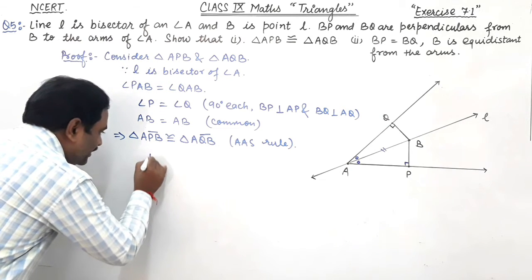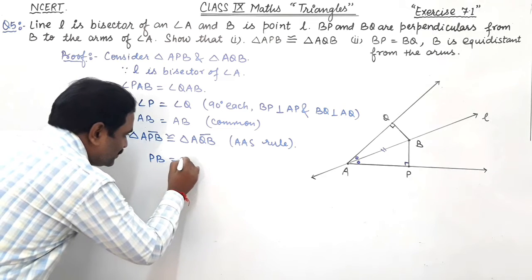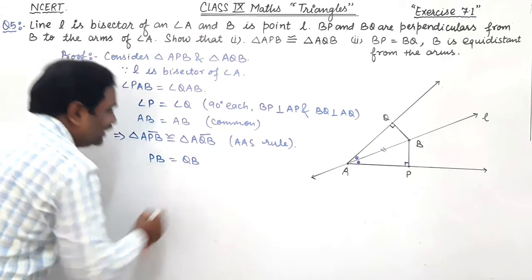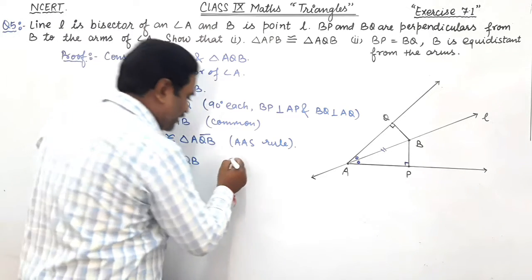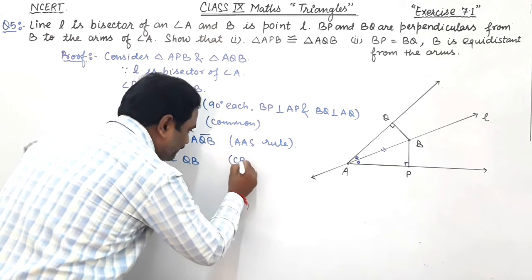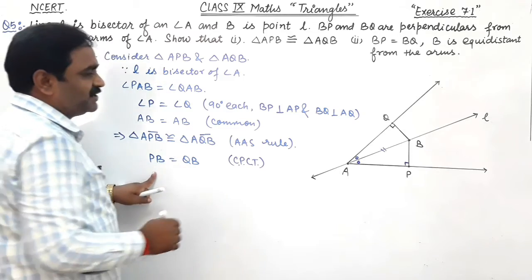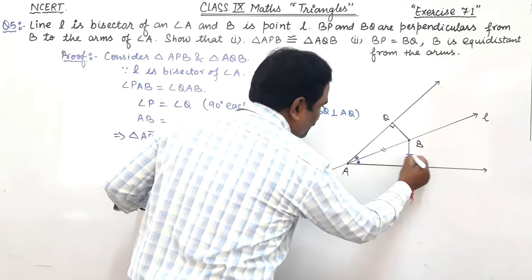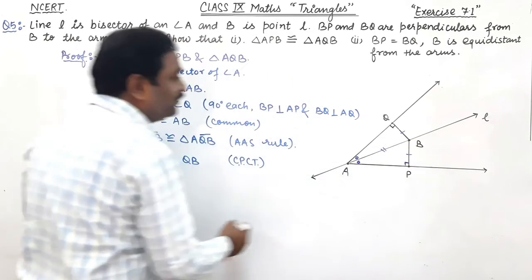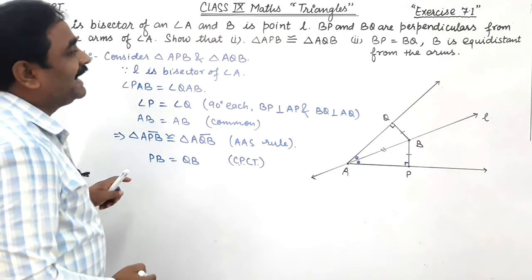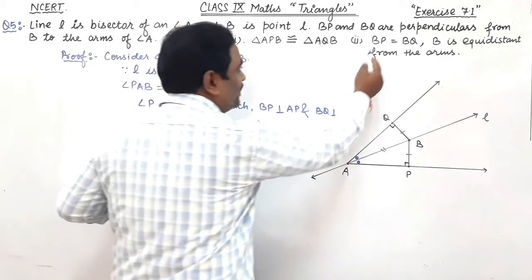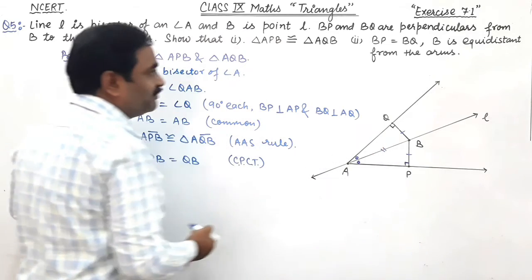Therefore PB is equal to QB by CPCT. Based on this, PB is equal to BQ.